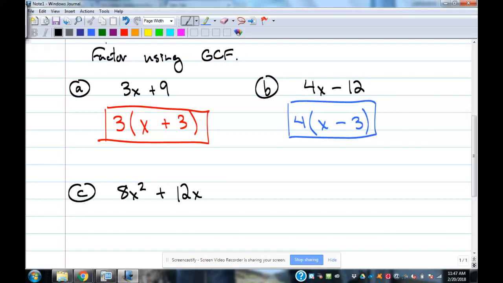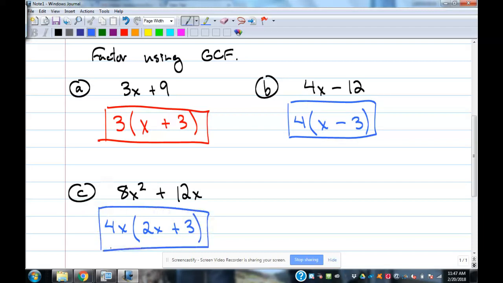So our GCF then is going to be 4x in this case, because they had an x in common. What times 4x gets me 8x squared? 2x. We need another x to get the x squared, plus what? 3. No x on that 3? No. If we redistribute, we get the original back.